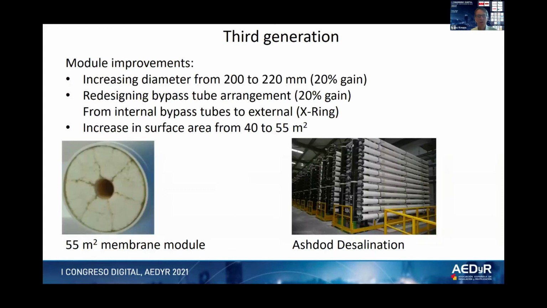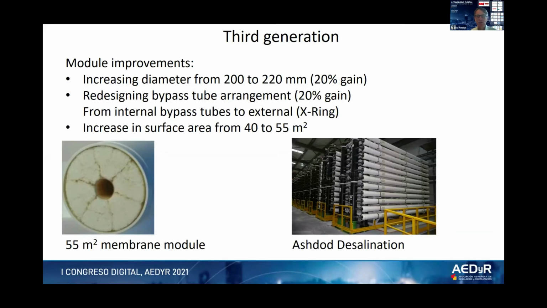So coming to the third generation, we did actually increase the diameter of the membrane module by about 20 millimeters. This gives about 20% increase in membrane surface area. Also, the internal structure of the membrane was modified to increase the packing density by 20%.